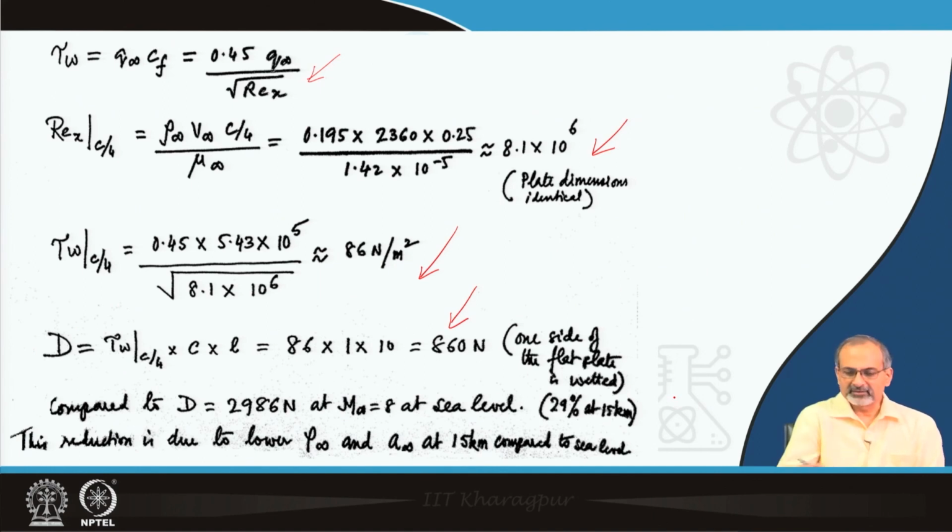We found that the drag became about 29% of what is encountered at sea level, and we saw that it is basically due to the lower density values as well as the drop in the V infinity values, because the a infinity reduced at higher altitudes due to T infinity reduction, and if we were flying the flat plate at the same Mach number, the V infinity will be significantly reduced, and consequently, put together, they would end up reducing the drag value.